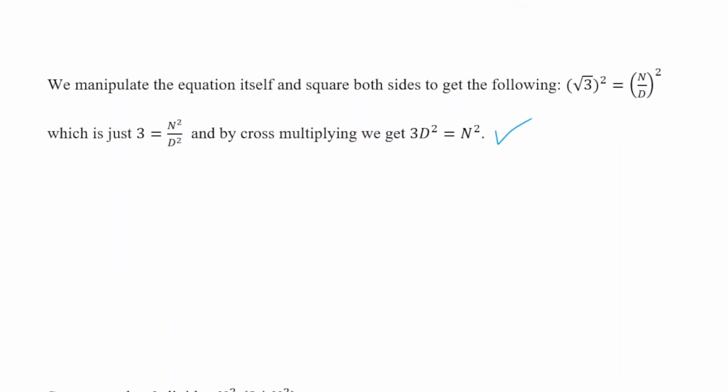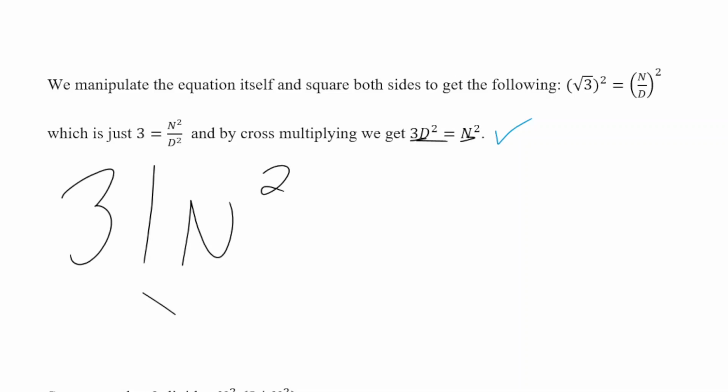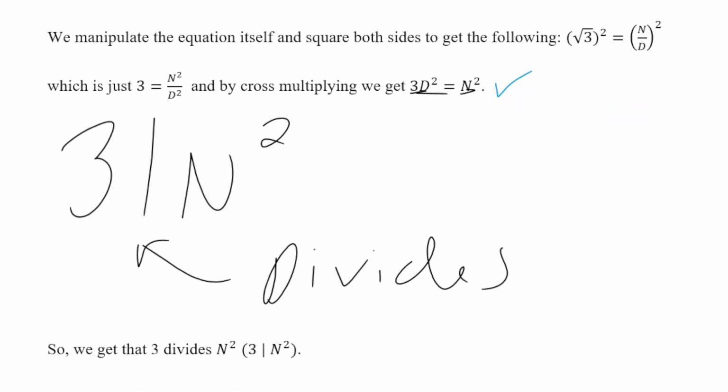From this point, I want to note that 3 divides n, and by n, I mean n squared. 3 divides n squared. And this little line right here means divides. Here it is written again.